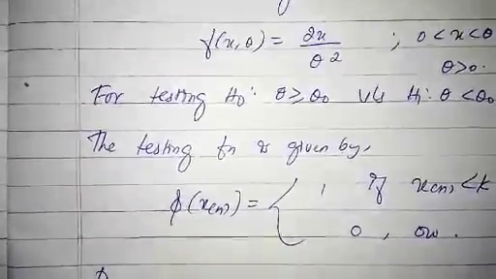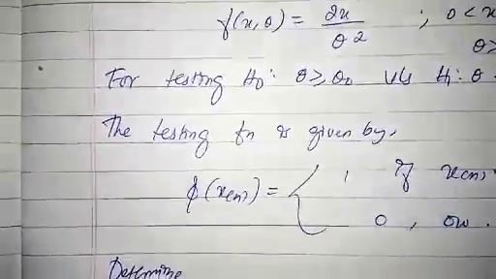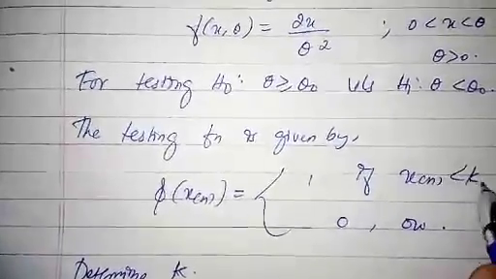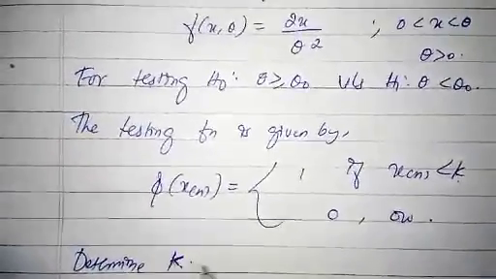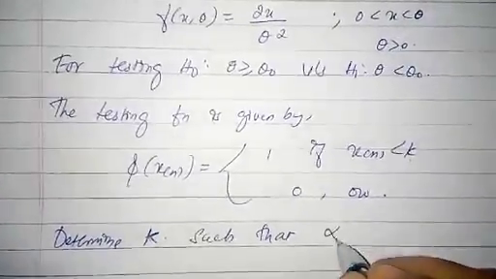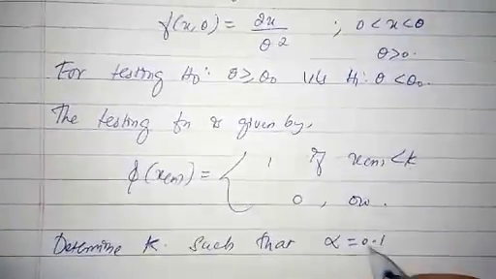And the question is, determine k such that alpha equal to 0.1.